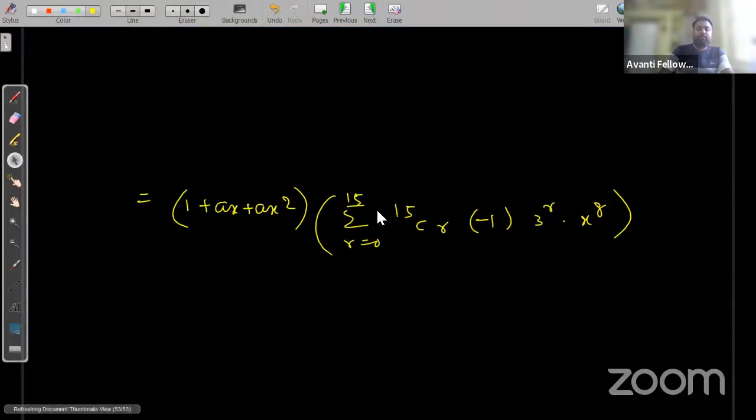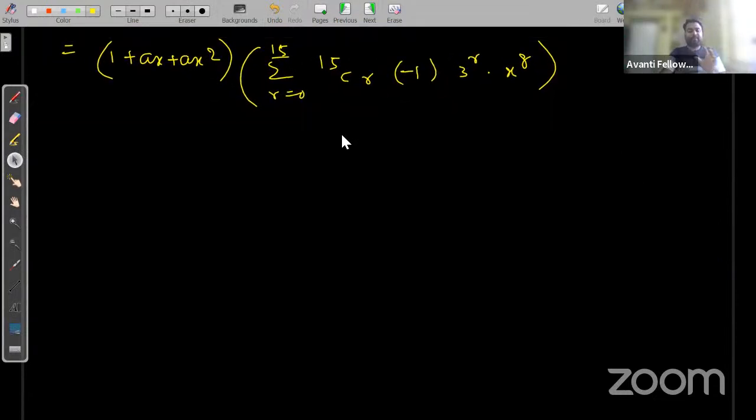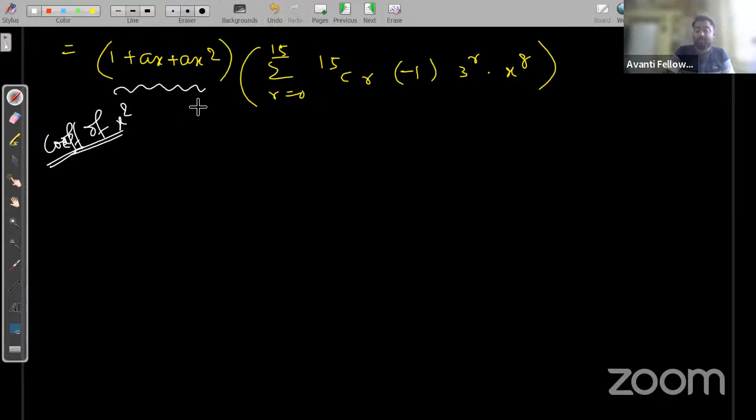See, we first need to find the coefficient of x square.